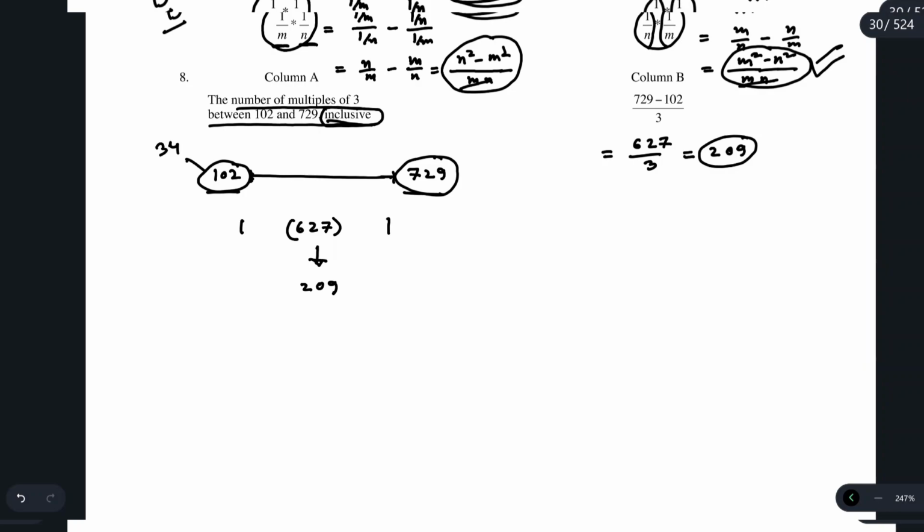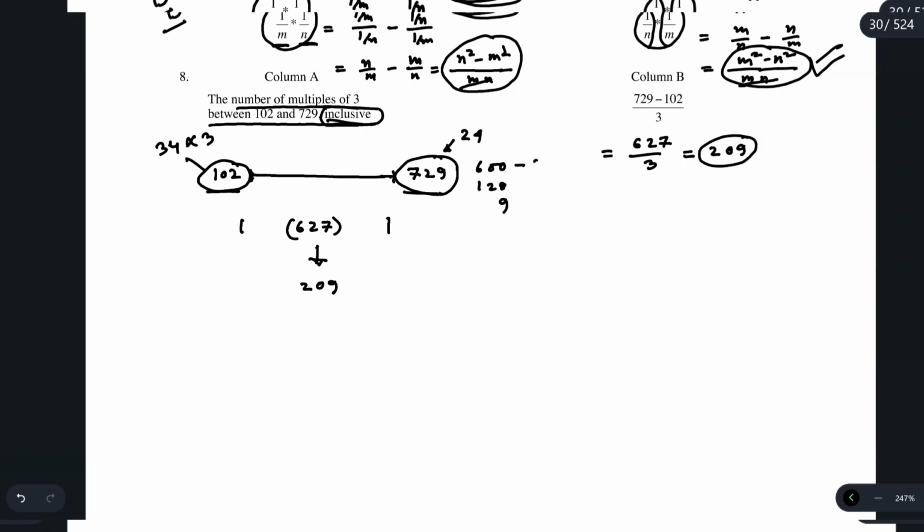because if we take 34 and multiply it with 3, it should be equal to 102. And for 729, we can write it down as something like 600 and 120 and 9.